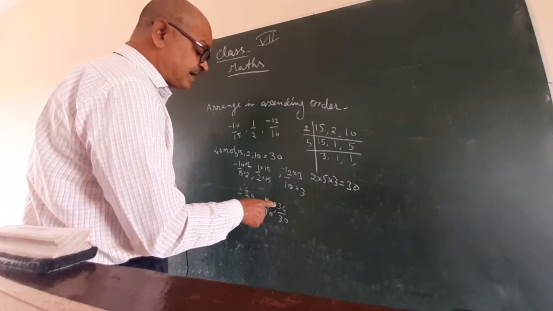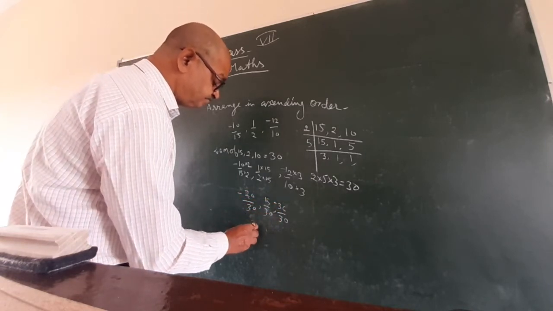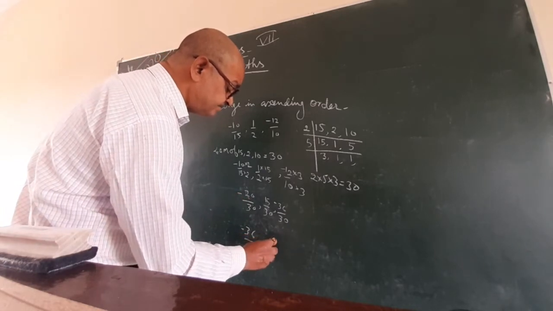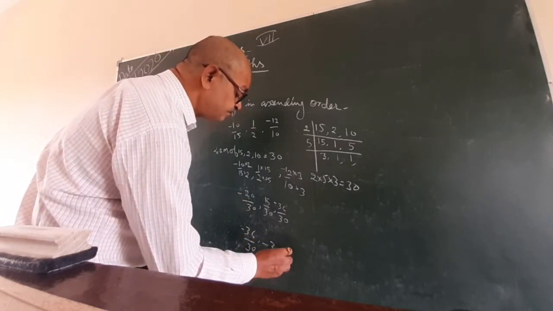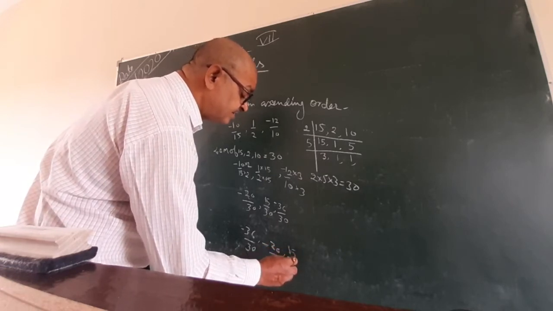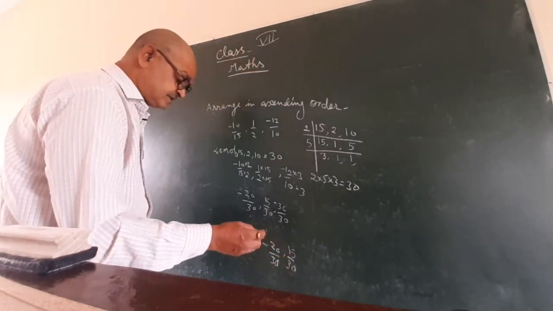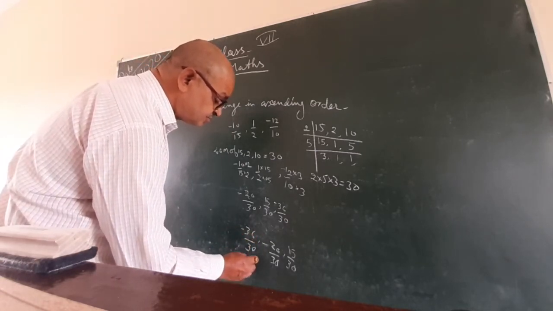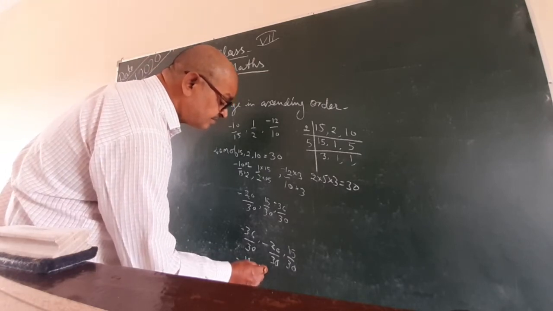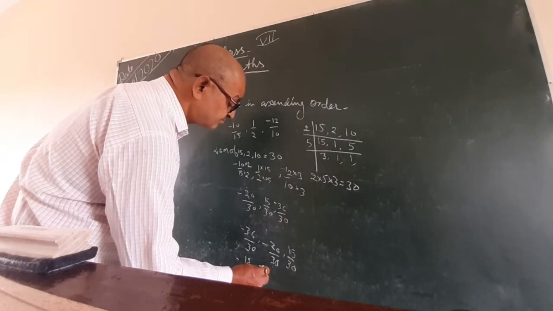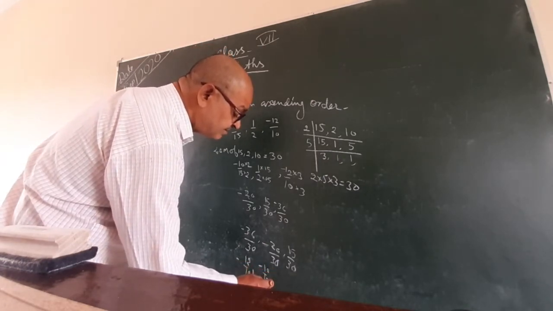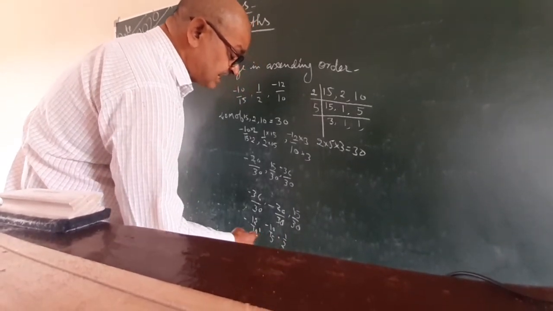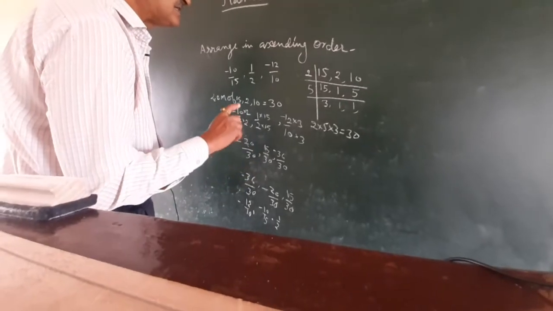The smallest number is -36/30, then -20/30. The greatest number is 15/30. So this becomes -12/10, -10/15, 1/2. These numbers are in ascending order.